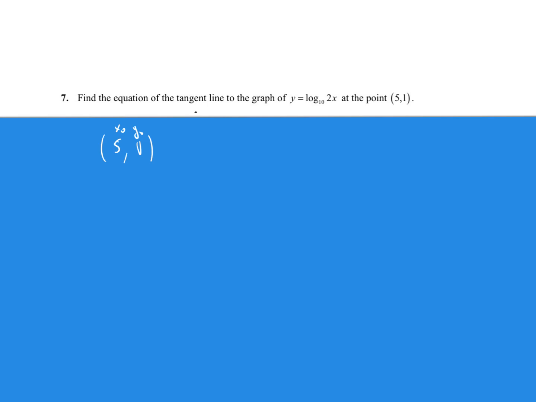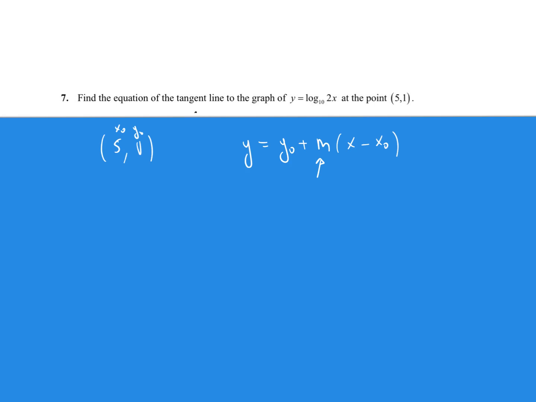And the tangent line that they are asking me is the equation of the rectilinear line that passes through the point 5, 1. And the equation of a rectilinear line is y equal y0 plus the slope multiplied by x minus x0. What I do not know is the slope.